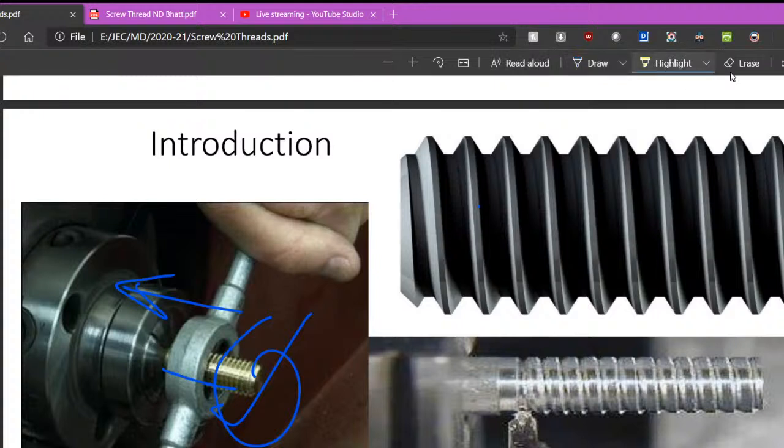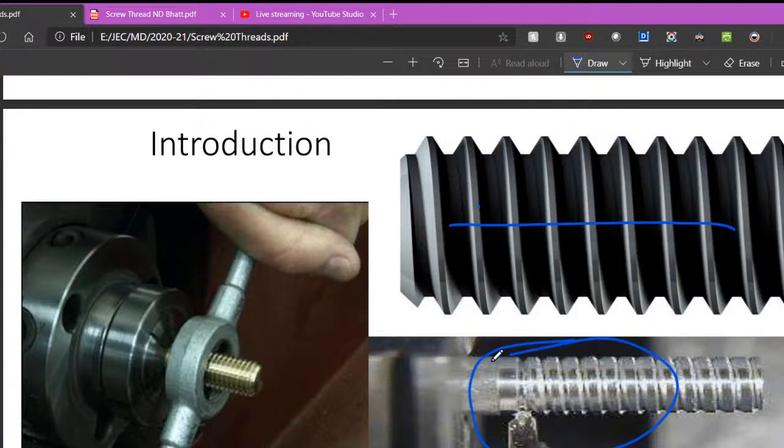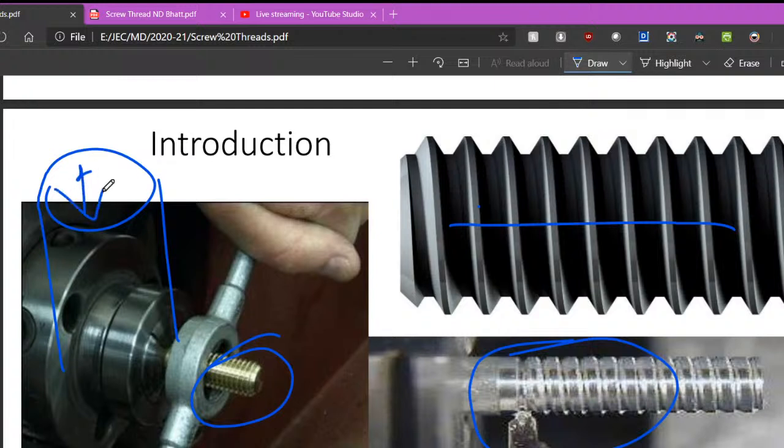Another tool is used. First you understand that we are forming the thread on the outer side of the surface. Here you see we have formed the thread at the outer surface, and the same here, the outer surface. All these are called external threads. So how do we make a thread inside a surface? For example, take this hole and you are interested in cutting the thread inside the hole.